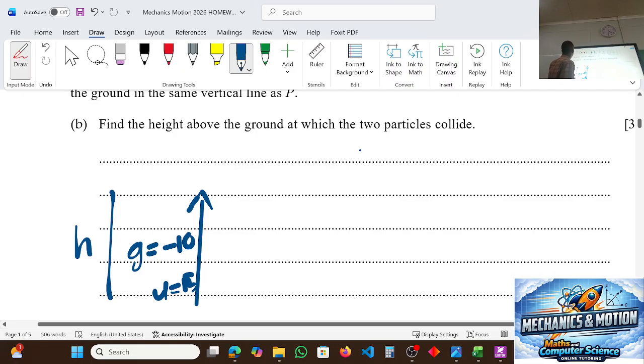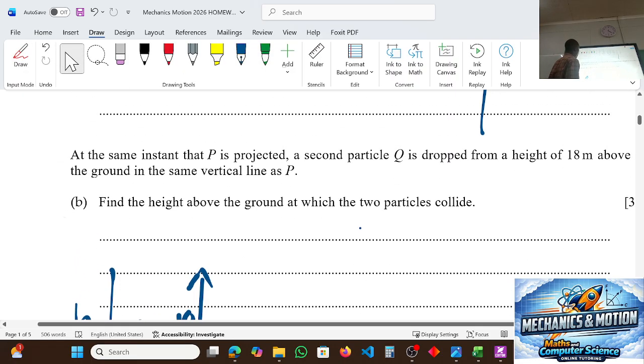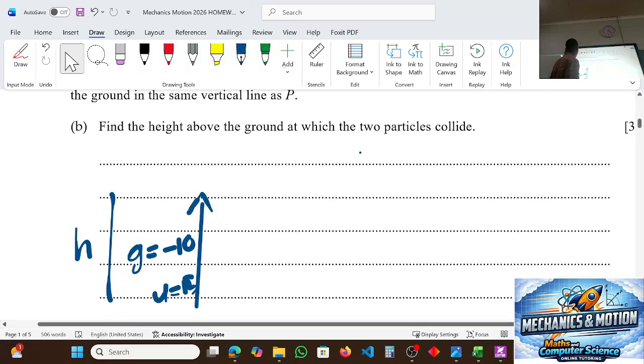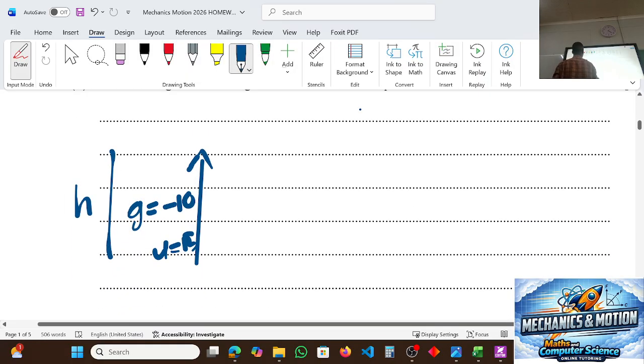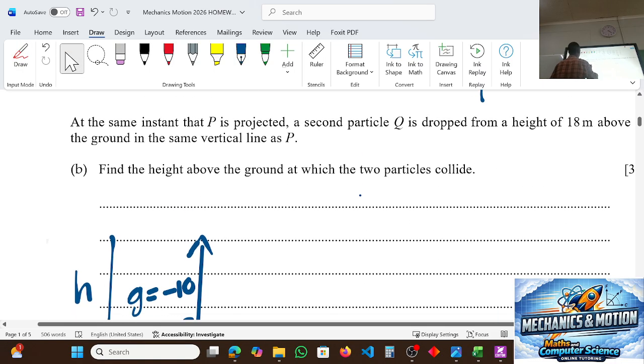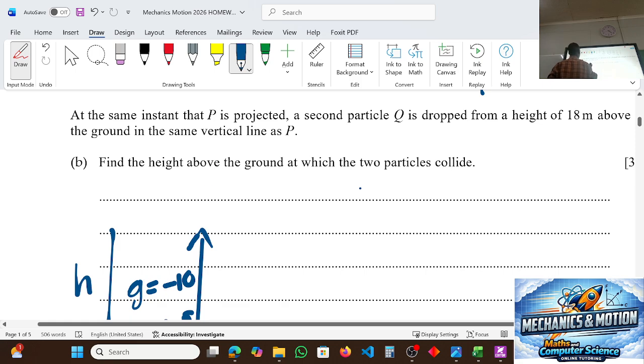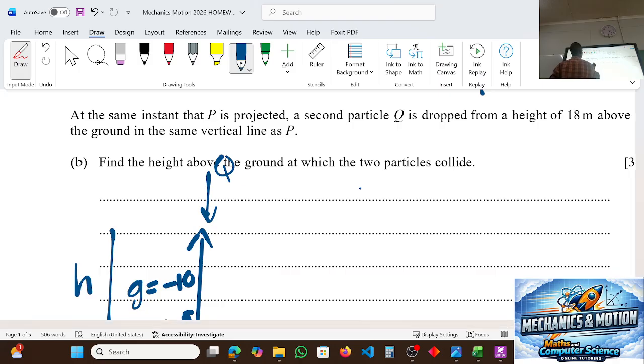So this is particle P we are looking at. But at the same time we are told somewhere above there is another particle, particle Q, which is dropped. But what we know is when it is dropped, initially speed was 0, and its acceleration due to gravity, because it's going in the opposite direction, is going to be 10.